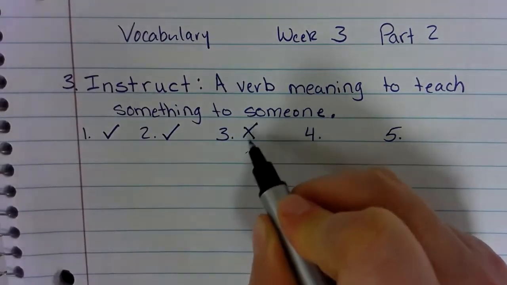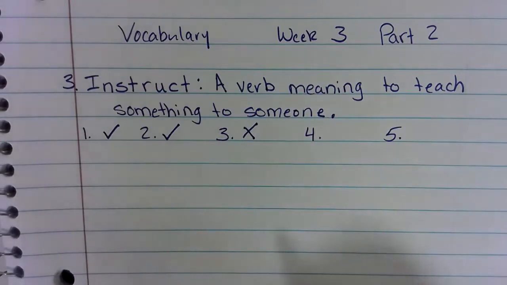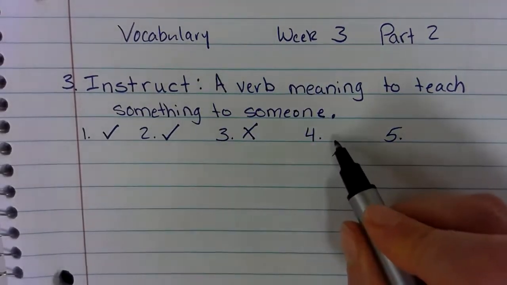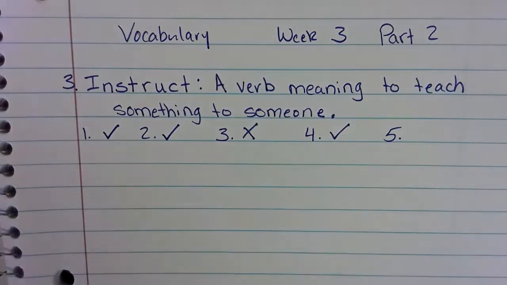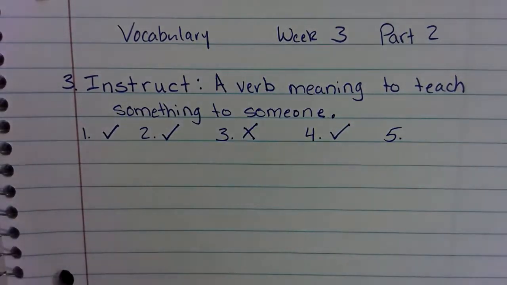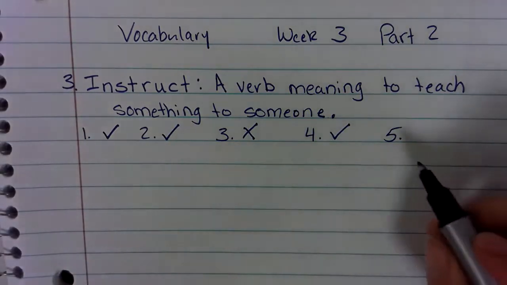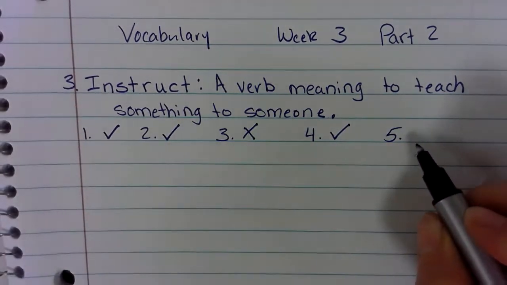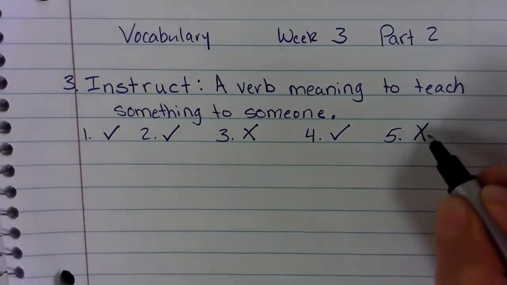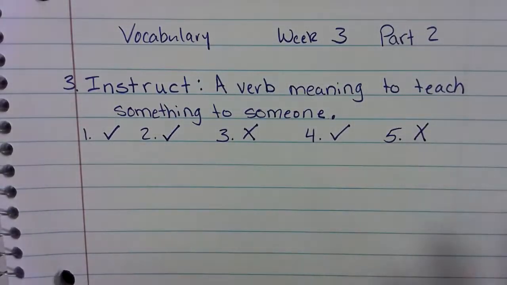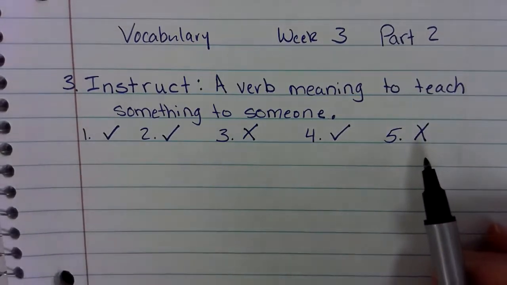Learn would be an X because it's the opposite of teach. Number 4, coach. Coach would be a check because if you coach someone, you're teaching them, you're instructing them. Number 5, study. Study, I would put an X. If you're studying, it's kind of more similar to learning, which is the opposite of teach.